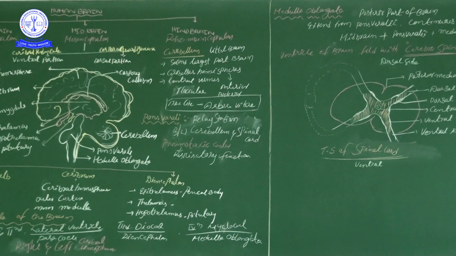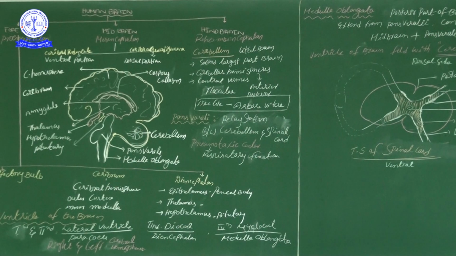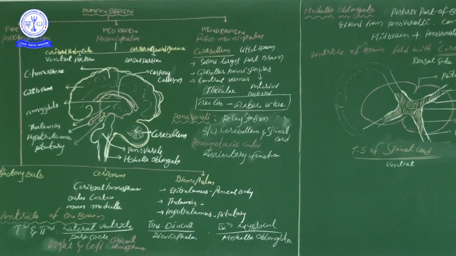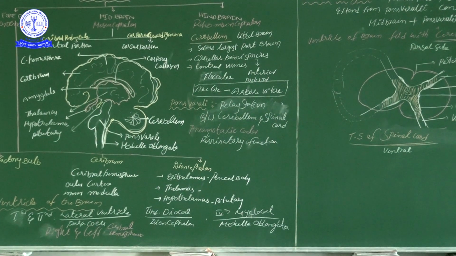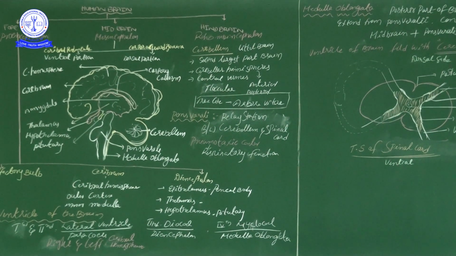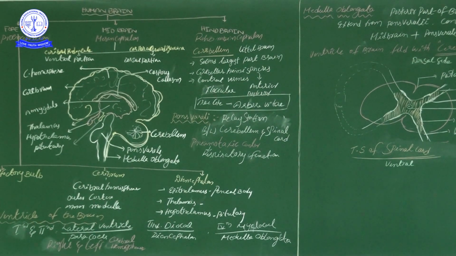And then I said in the brain, in three different places, four cavities are there. The first two cavities are present at the place of the cerebral hemispheres. The cerebral hemispheres are in the forebrain only. In the cerebral hemispheres, two cavities are there because right and left cerebral hemispheres are there.